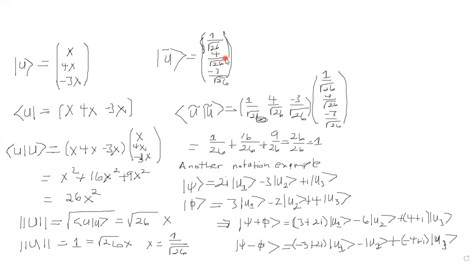Now, if we want to check and make sure that the ket is normalized, we multiply it by its bra. And I did that and did the math, and this is equal to 1. Very simply. So the column vector is normalized.